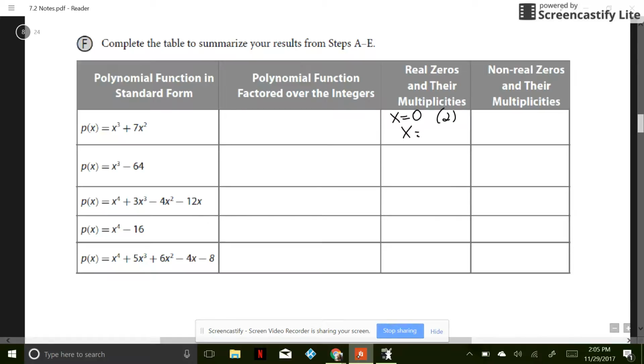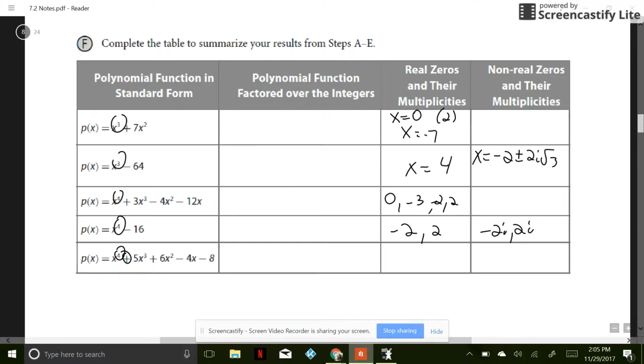The key thing here is that the highest power of your function is going to be the same as the total number of zeros you have, both the real and the non-real, including the multiplicities.